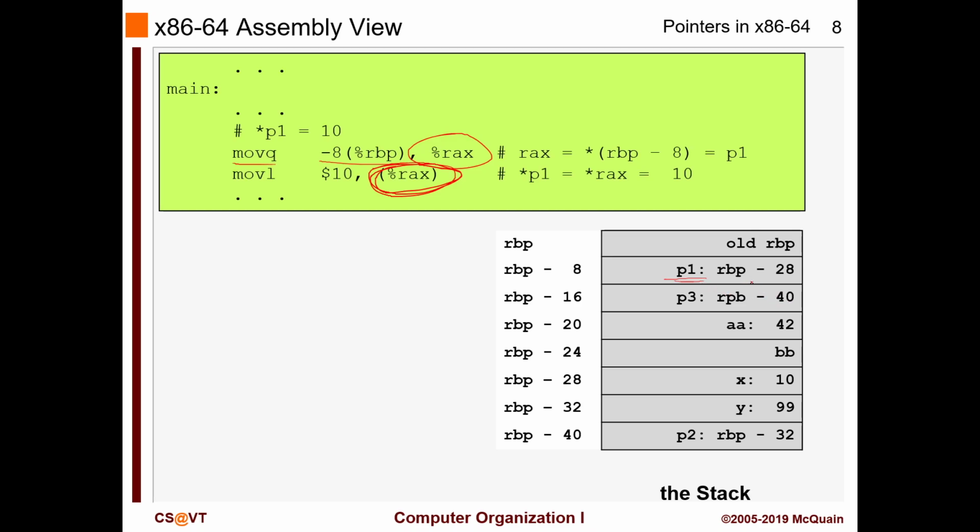Is it dereference or reference? Yeah, technically it is. So we are basically doing something like this: pointer of P1, or RAX, and putting 10 inside that value. So this part of the C code is being done by this. Okay.